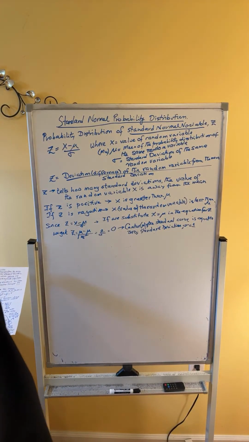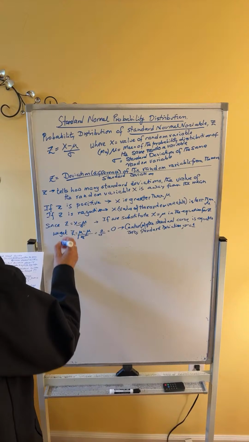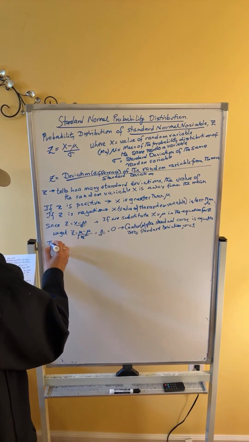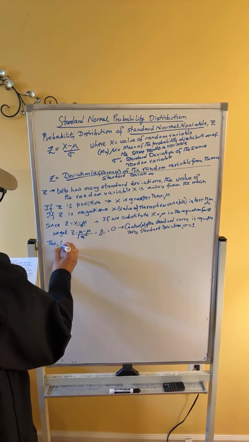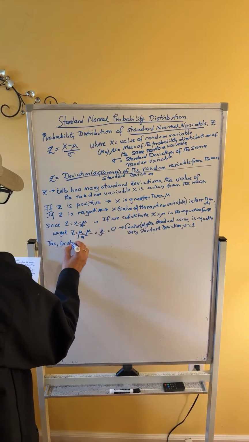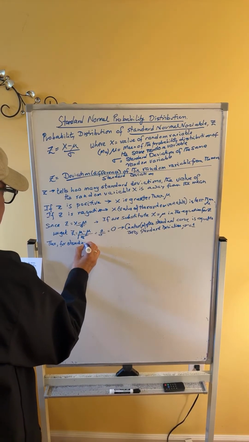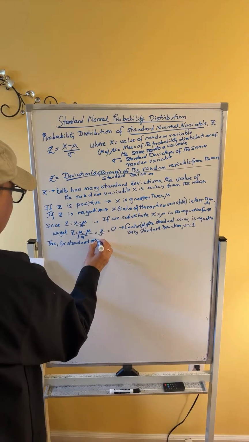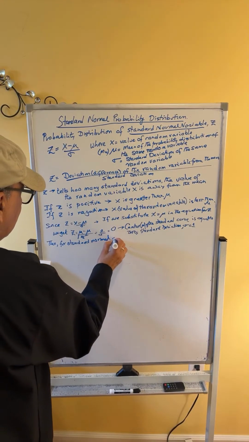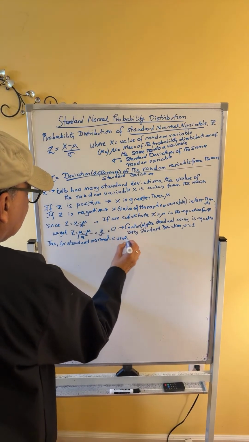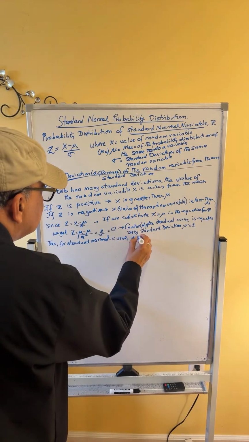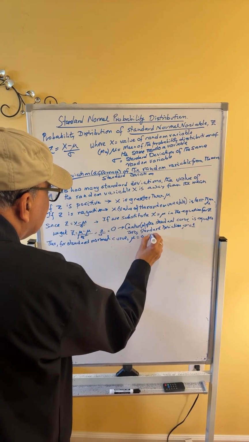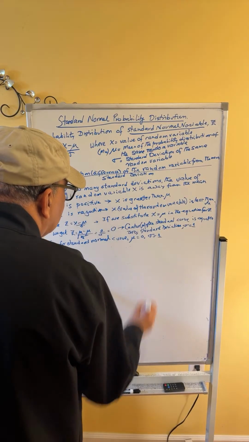Thus, for the standard normal curve, mu is 0 and sigma is equal to 1.